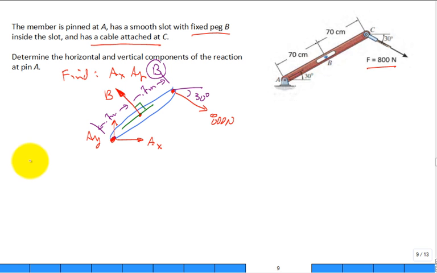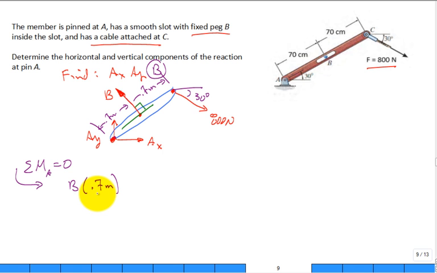If you did the sum of the moments around point A equal to 0 for equilibrium, you can solve for B right away. Can you see what that is? It would be B times a perpendicular distance 0.7 meter.